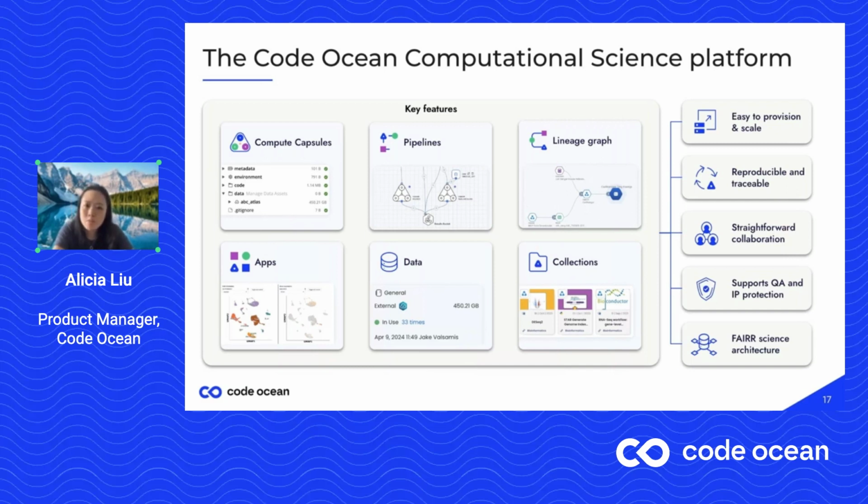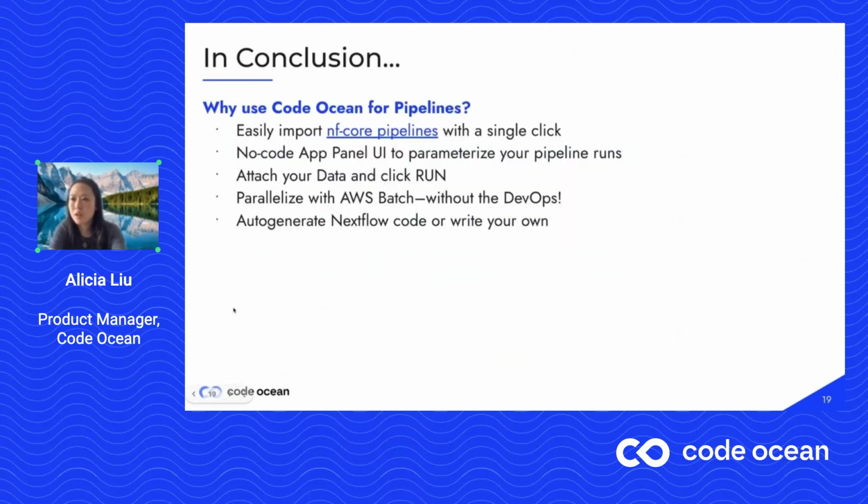Collaboration in CodeOcean means sharing analyses and results with the click of a button. We support IP protection for proof of invention with automated lineage and provenance. And lastly, we are built around FAIR principles and designed to maximize the reuse of analyses and data. So you won't ever have to rebuild from scratch again. And with that, let's take a look at how we use NF Core pipelines in CodeOcean.